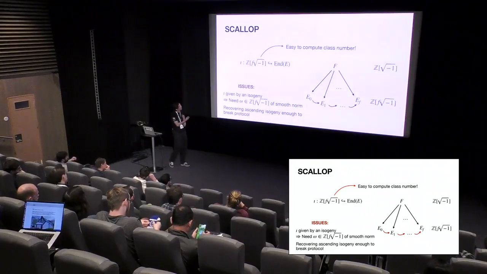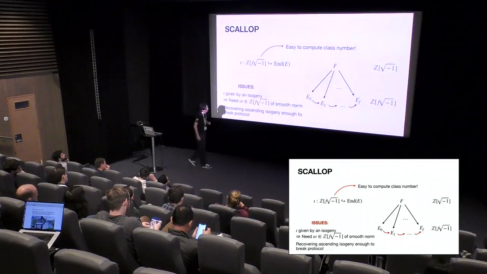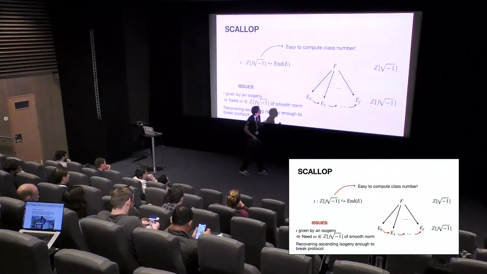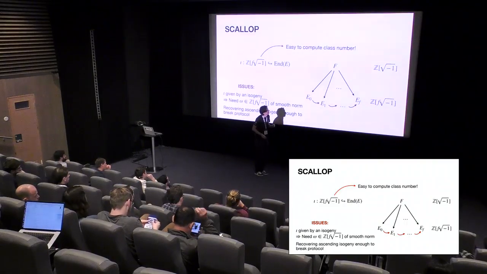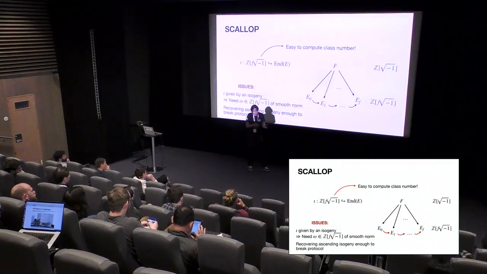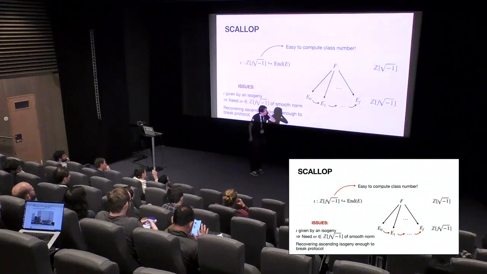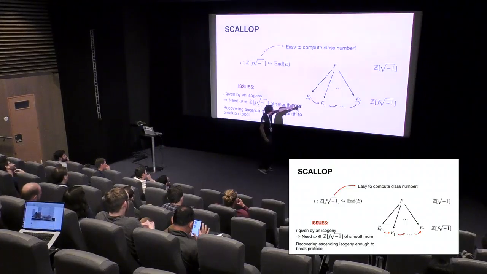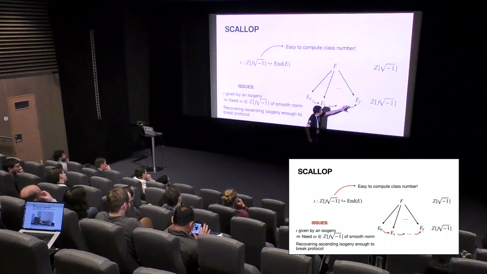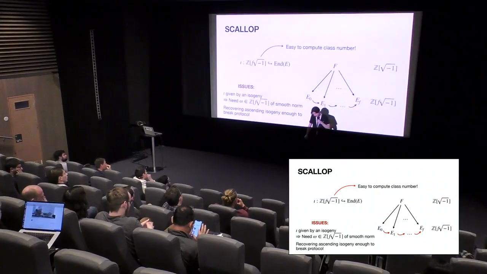Okay, and the second issue I wanted to mention is that to understand what kind of situation we are in when we're working with Scallop, you have to look at these isogeny volcanoes. So basically, you're going to work down here on these curves, which is essentially our set. Those are oriented by this thing.